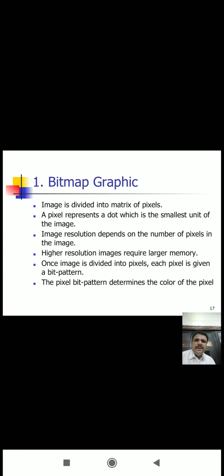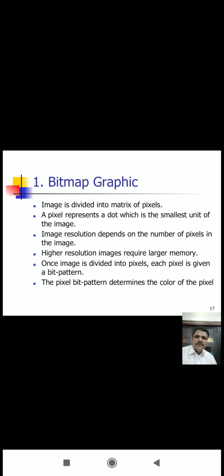You know, an image is divided into a matrix of pixels. An image is nothing but a matrix of pixels. You know about matrix. If it is an M by N matrix, it means it has M rows and N columns, and all these rows and columns make up the cells in a matrix.